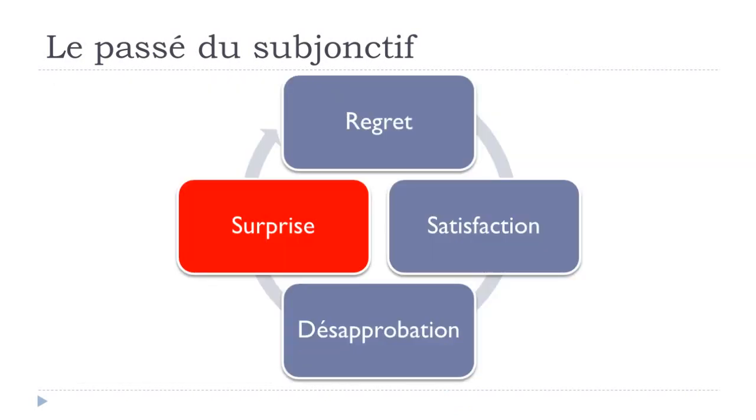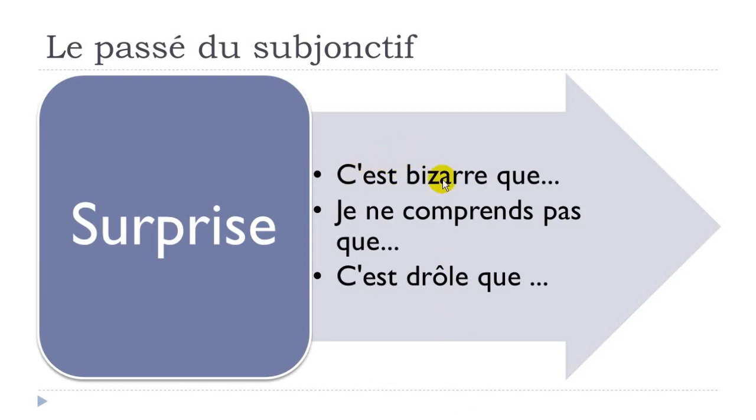And last but not least, la surprise, the surprise. C'est bizarre que, bizarre, strange, it's strange that. Je ne comprends pas que, I don't understand that. C'est drôle que, it's funny that. And if you want to express something after, in the past, it should be le passé du subjonctif.